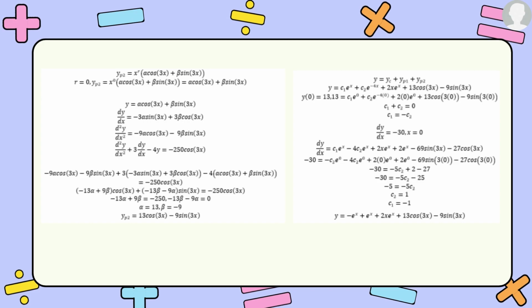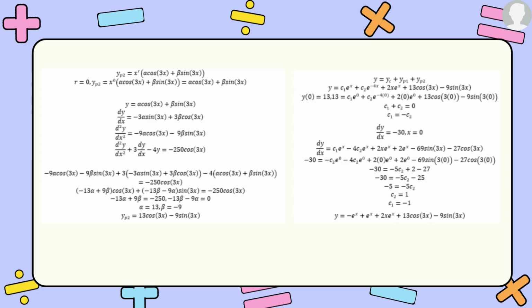So first we set r equals 0, then we substitute r with 0, so we will get y equals alpha cos 3x + beta sin 3x. Then we need to find the first and second derivatives for y. Then we substitute them.